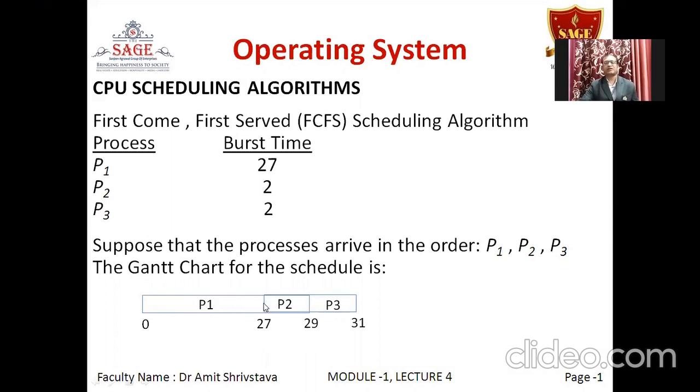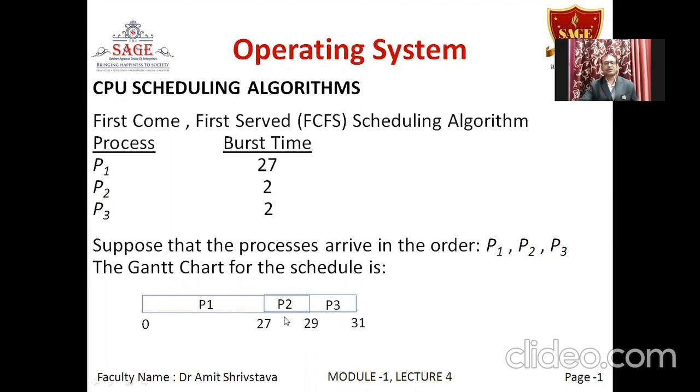After 27 unit time interval, we take the CPU from P1 and give it to P2. Similarly, P2 requires 2 unit time interval, so we give the CPU to P2 from 27 till 29. And then we take back the CPU from P2 and give it to P3, right?